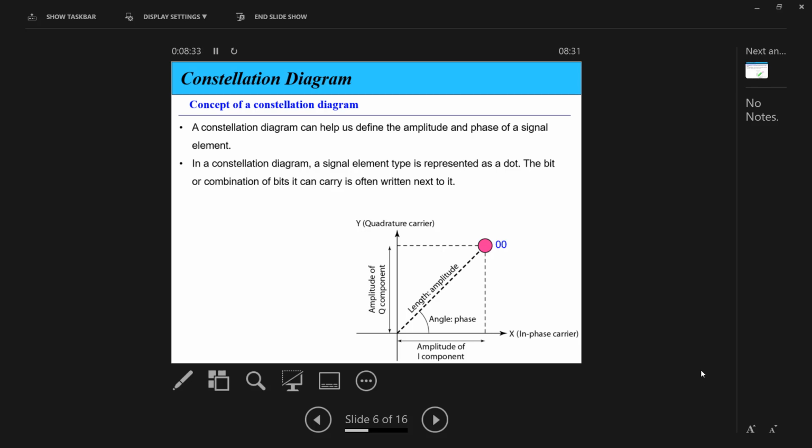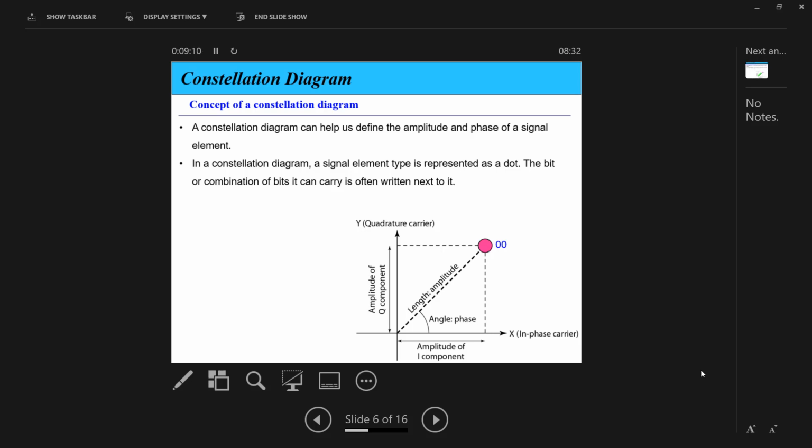To represent these levels and phases we can't use our imagination. We need a simple representation of these multi-level, multi-phase techniques. It will be very complex to represent in time with multiple frequencies, so we shifted to the frequency domain by just using different frequencies.